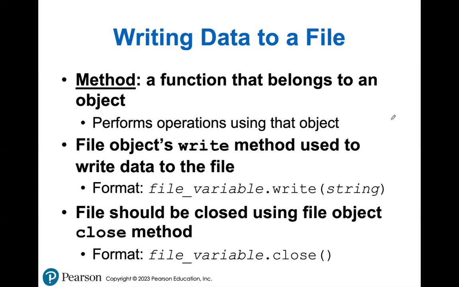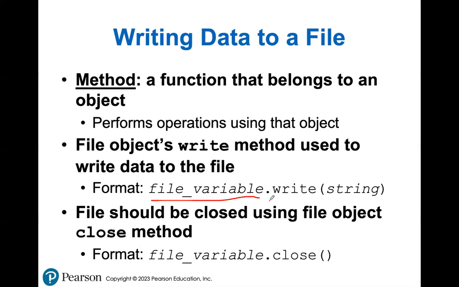All right, now focusing more on each of the modes. Whenever you write data to a file, this is how you will do it. You will use that file variable that you created, that file object, right? Whenever you opened your file, you assigned that file to a certain variable name. So this is the same variable name that you are going to use.